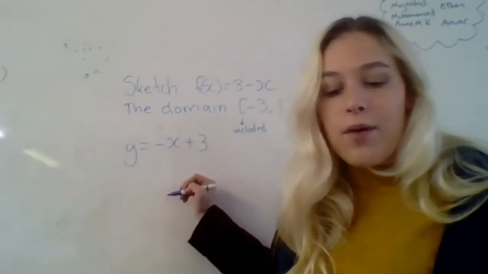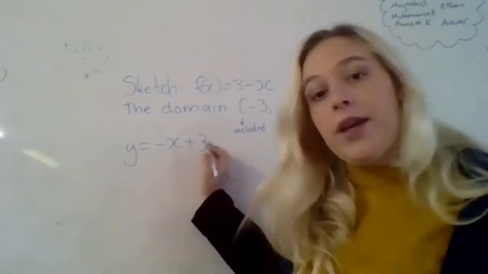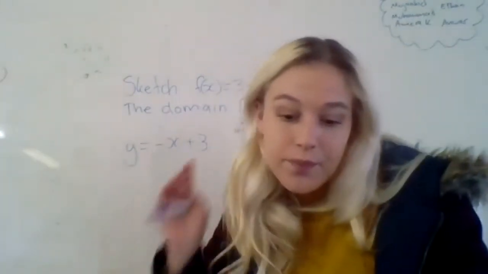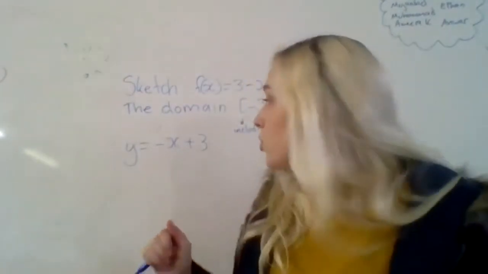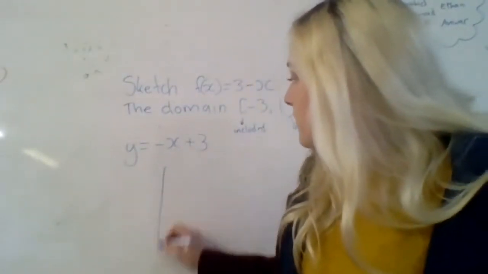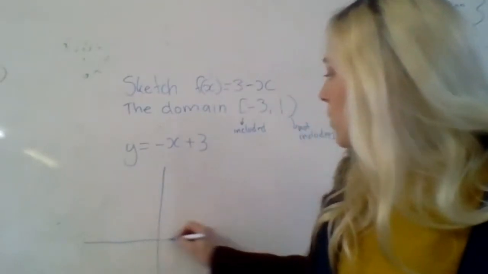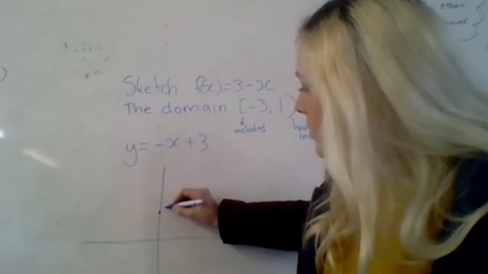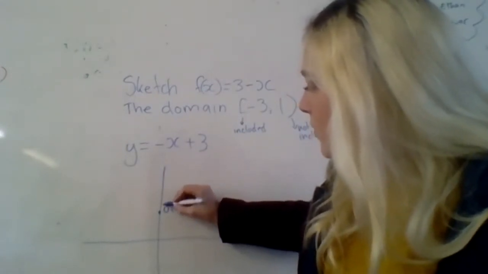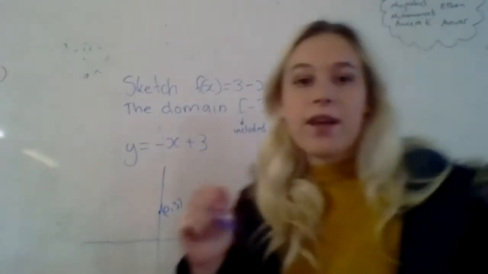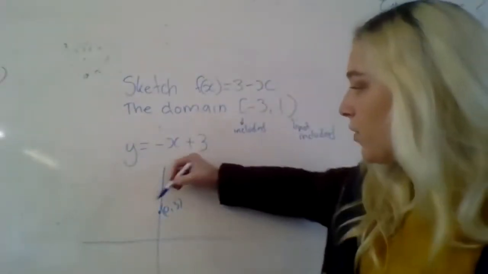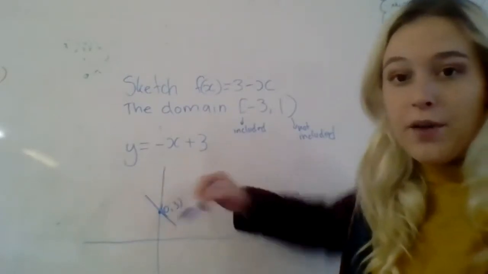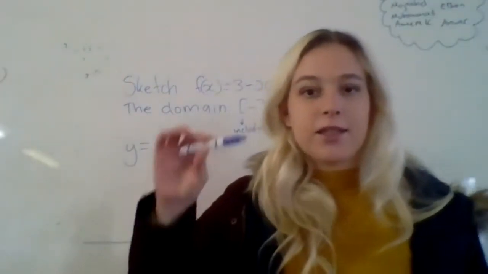And we know our y-intercept is going to be 3 because we have a 3 as our constant here. So if we were to draw it, we know we have a y-intercept of 3, so let's call this (0, 3). And we know we have a negative gradient of -1, so our line is going to be going down that way because we have a negative gradient, right?